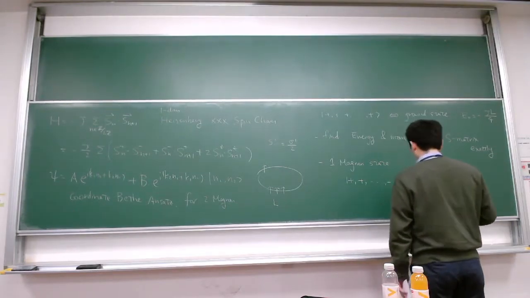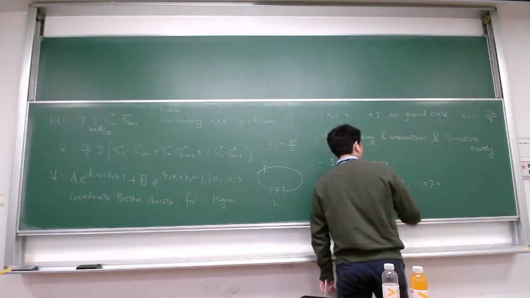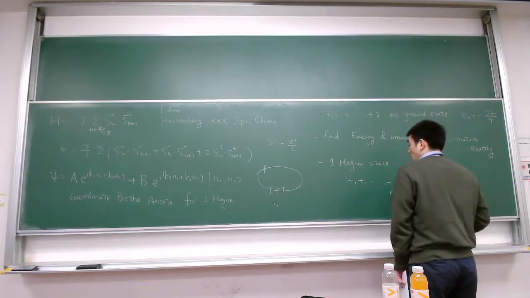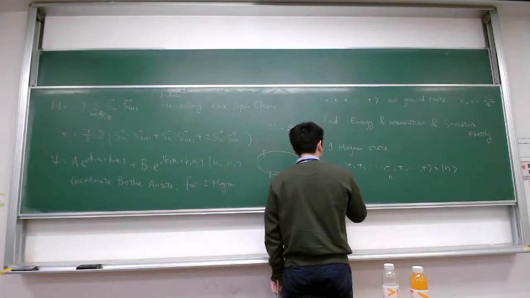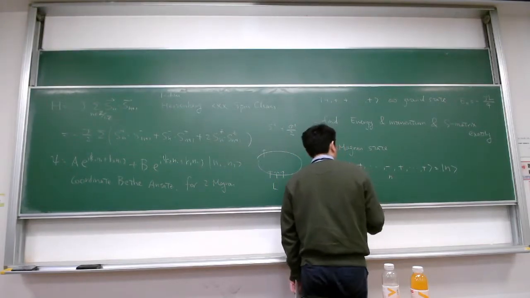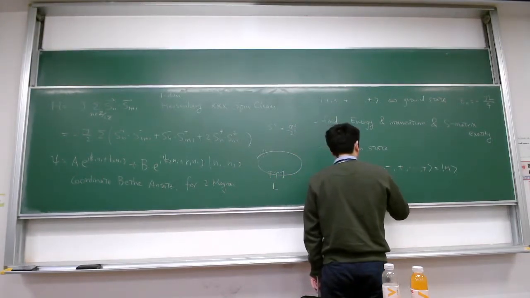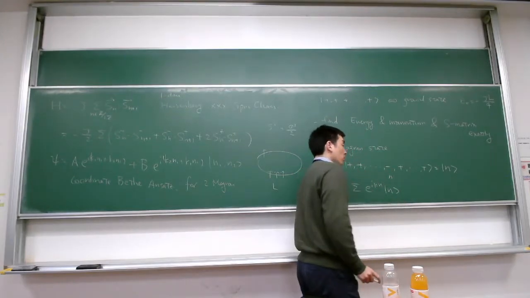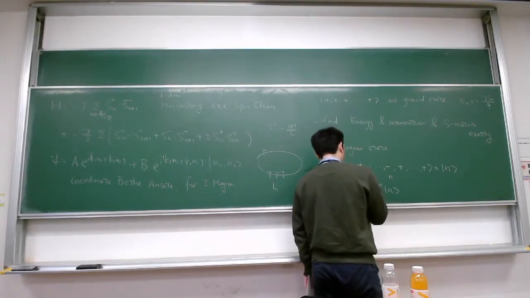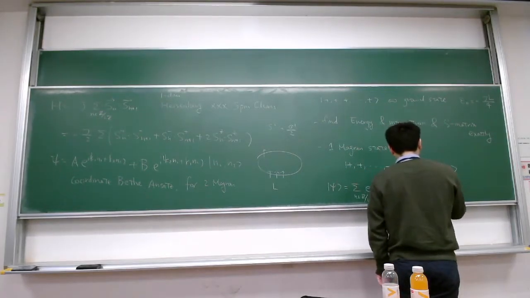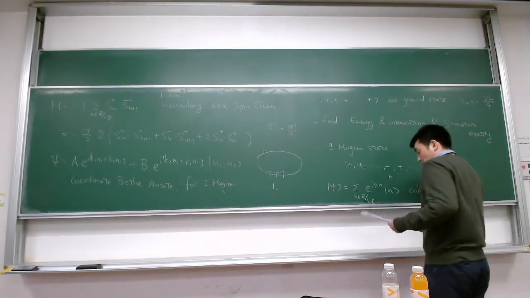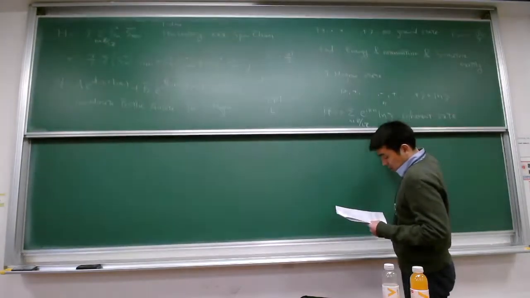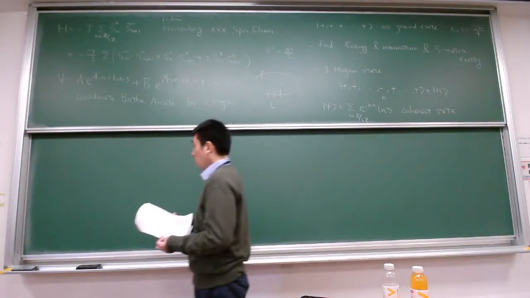We call the position n, and we consider some linear combination of the states, the sum of e to the i k n times |n>. So this is a coherent state. n is in Z over LZ. This is a coherent state.